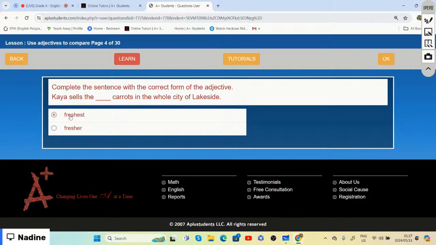It's not just one other person selling it, but it is saying that it is so nice, it is better than everybody else's within the city of Lakeside. So we say freshest.